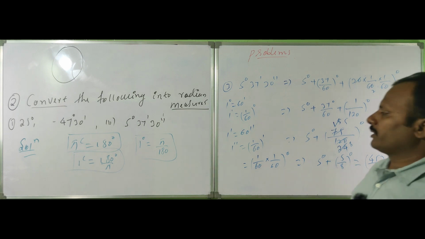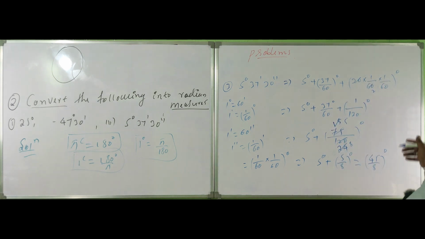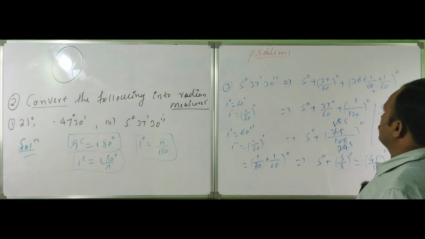1 degree is equal to pi/180. So 45/8 into pi/180. 45 ones are 45, 45 into 4 is 180, so this becomes pi/32... 45 45 90, 90 into 2 is 180, so this becomes pi/36.